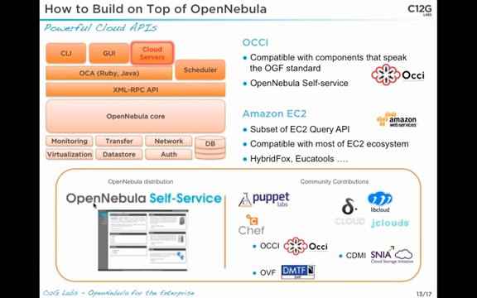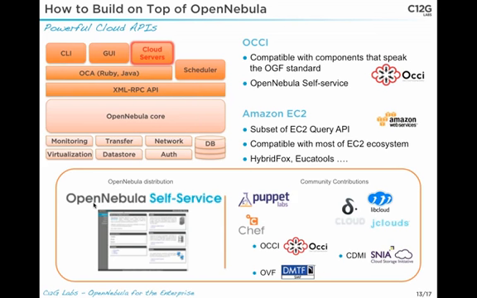In this way, you can also build your programs with OCCI in mind. Instead of using the OpenNebula Cloud API, maybe you want to build your program with an OCCI interface. Or even better, you may have some programs that already work with an OCCI interface, so you can plug them into an OpenNebula Cloud.